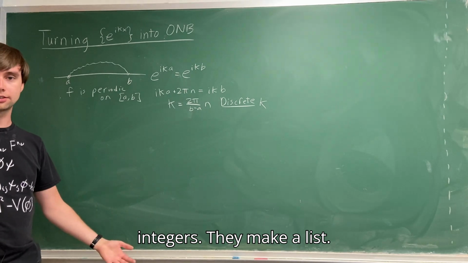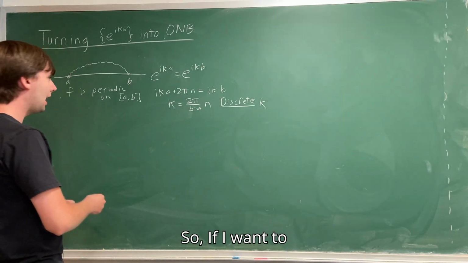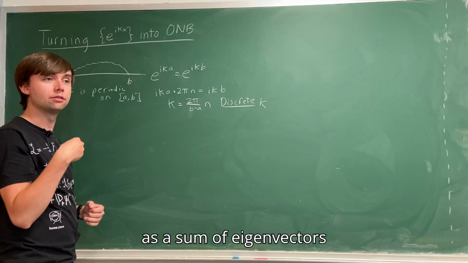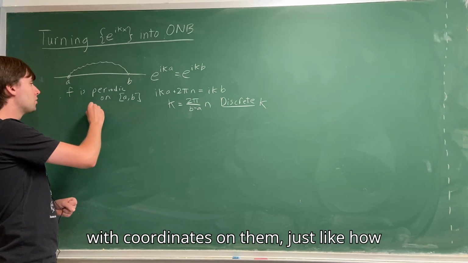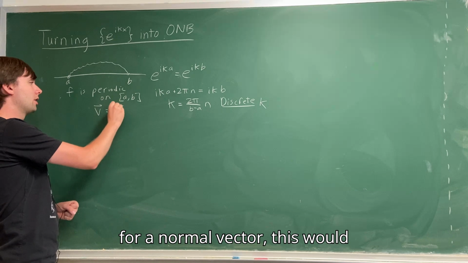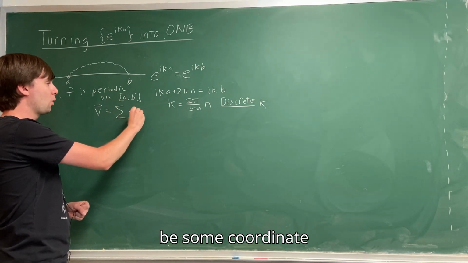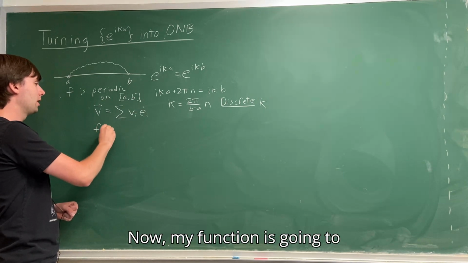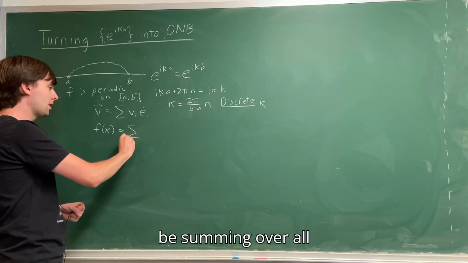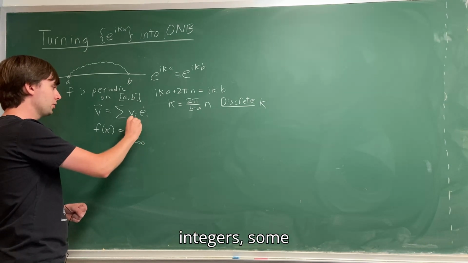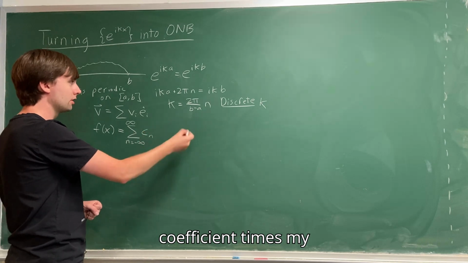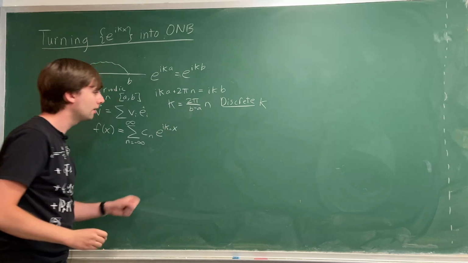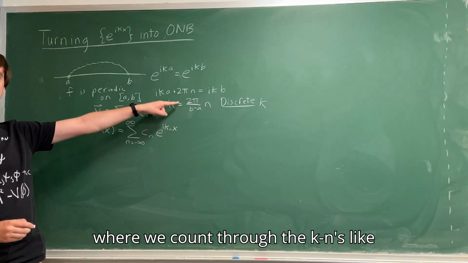They make a list. So if I want to write my function as a sum of eigenvectors with coordinates on them, just like how for a normal vector, this would be some coordinate times unit vector, now my function is going to be summing over all integers, some coefficient times my eigenvector, where we count through the k's like this.